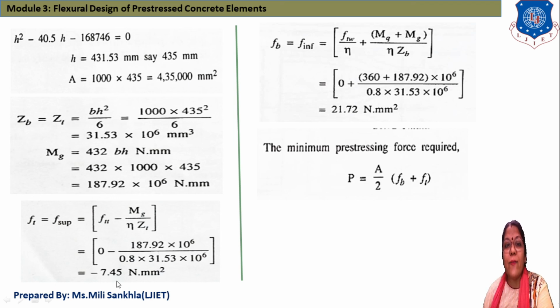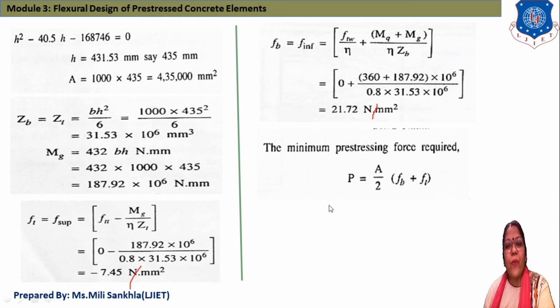Answer is minus 7.45 Newton per mm square. Okay, now here we find out stresses at bottom fiber, that is FTW, then eta plus MQ plus MG divided by eta ZB. After simplify we get answer, that is 21.72 Newton per mm square. Okay, this one is the Newton per mm square. Same here, stress is Newton per mm square.